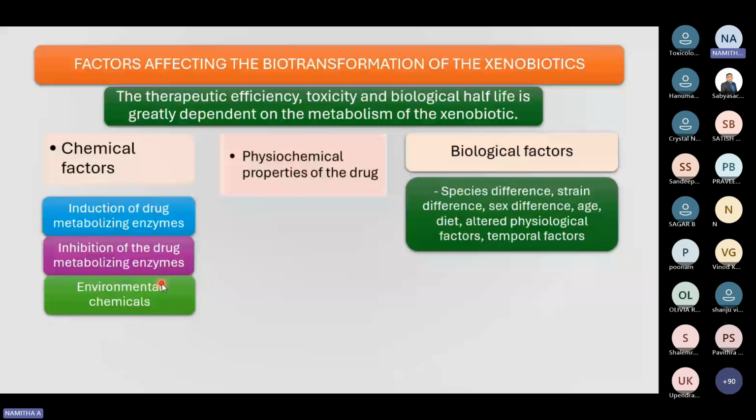Coming to the chemical factors, we have induction of the drug metabolizing enzymes, inhibition of the drug metabolizing enzymes, and environmental chemicals. Biological factors include species difference, strain difference, sex difference, age, diet, altered physiological factors, and temporal factors. Let's see one by one.